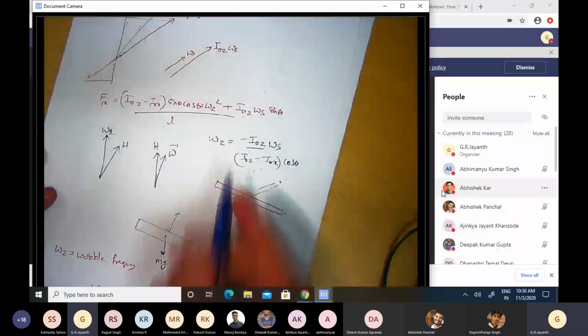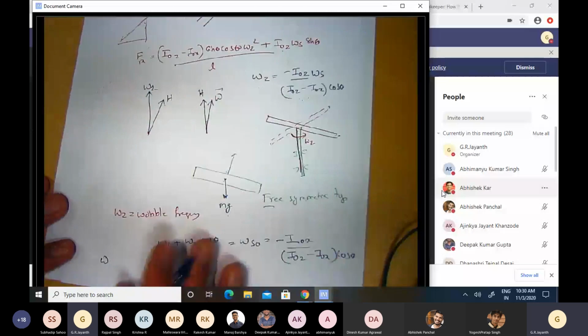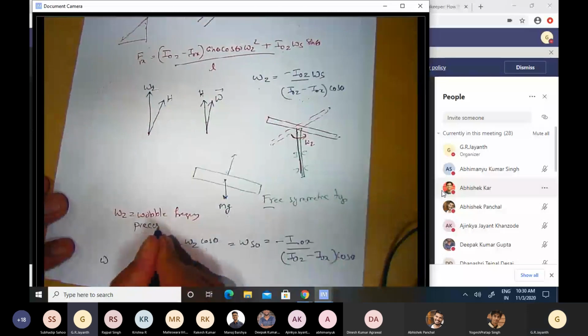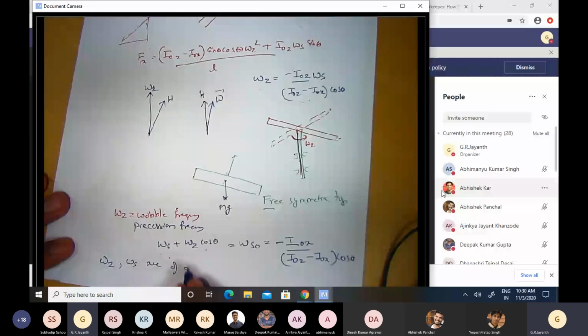So omega z is also called a wobble frequency, or in other words, a precession frequency. So when omega z and omega s are of opposite sign, it's called retrograde precession.